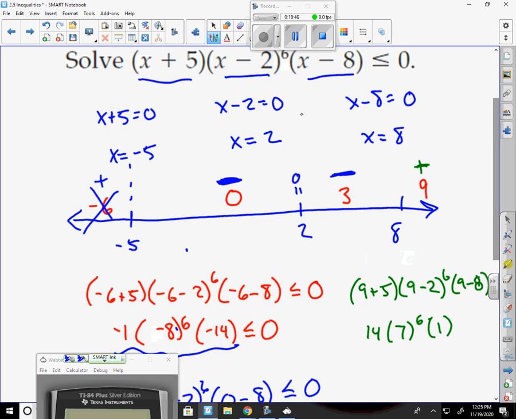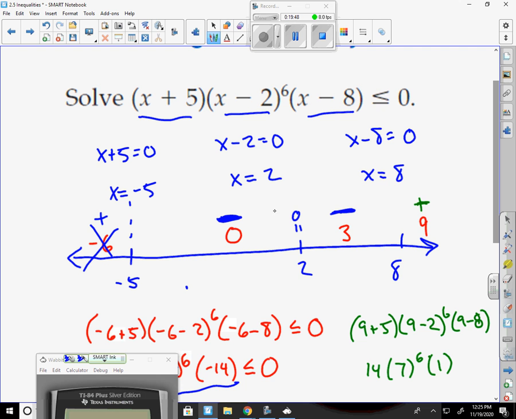So this wants to know when it's less than or equal to 0. It's from this whole interval here, from negative 5 to positive 8. Does that make sense? So when I give my interval, it's from negative 5 to 8. And that's my answer.